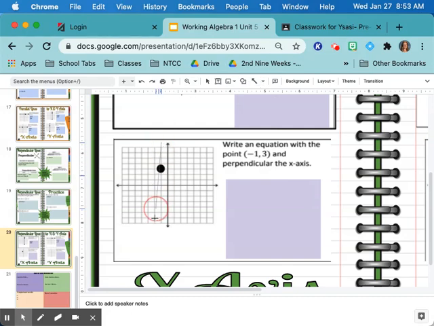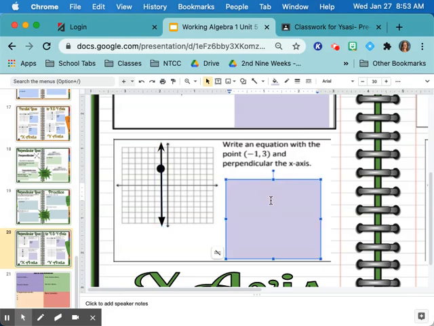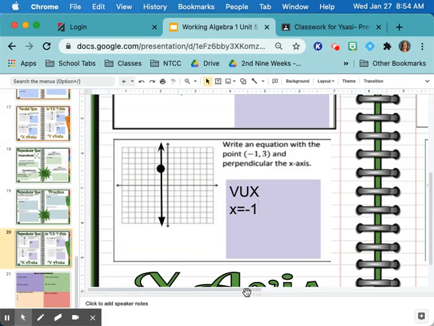So draw a vertical line through that point. And how do we write the equation of that line? Yep, because it is VUX. So vertical, undefined slope, x equals what? What's the x value in that point? -1. Are you getting the hang of it?